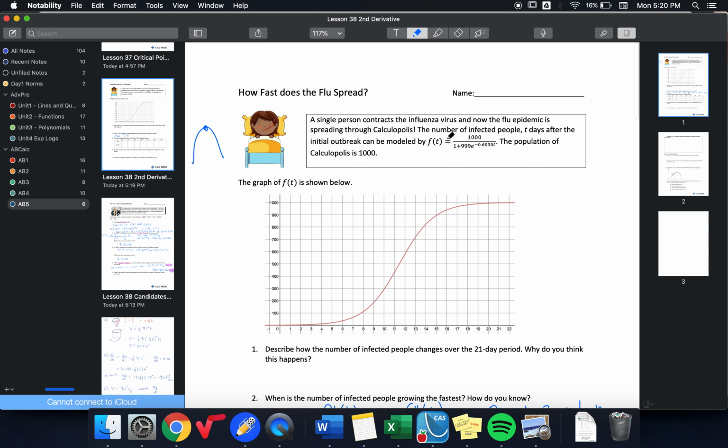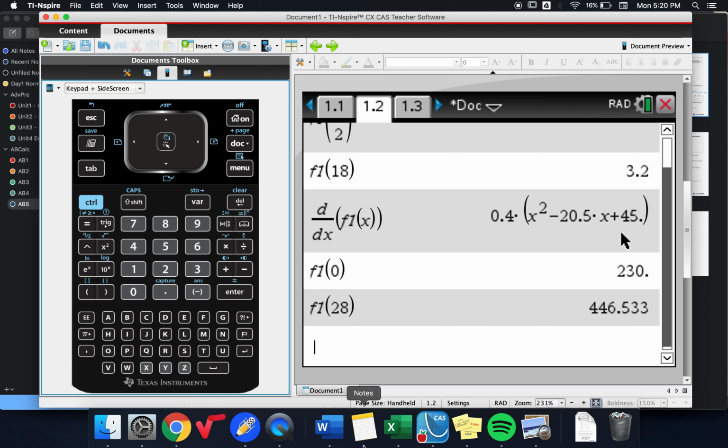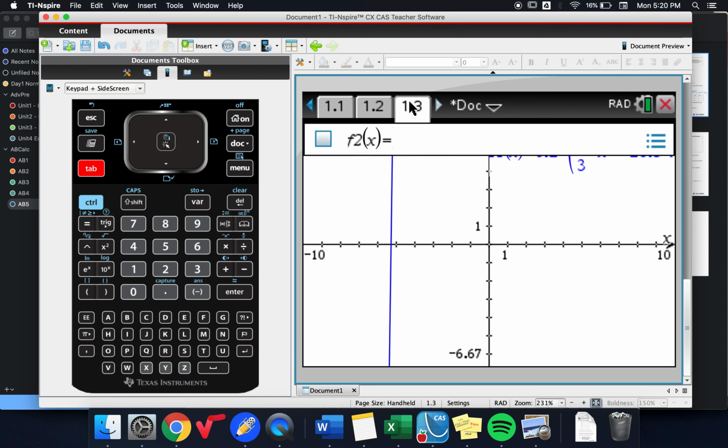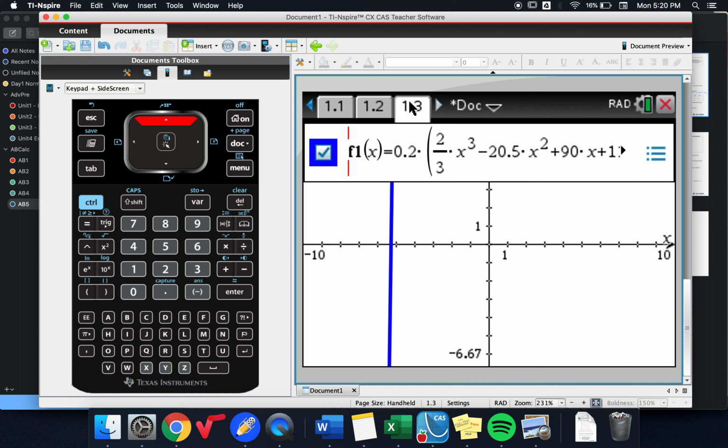Thankfully, I don't need to do this by hand. This is certainly a calculator problem with this kind of numbers. So let's come in and find our derivatives. I'm going to come over and change my graph. Let's clear this out.